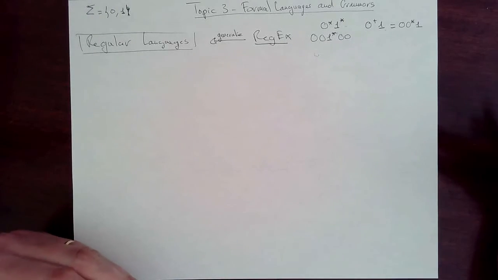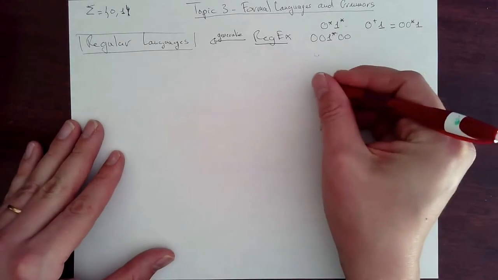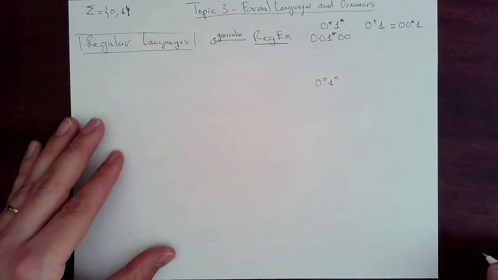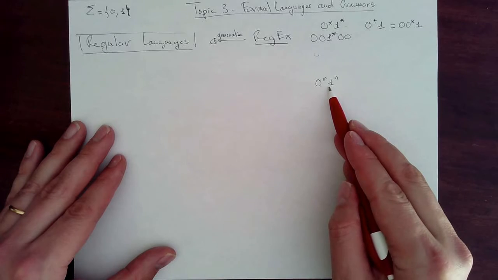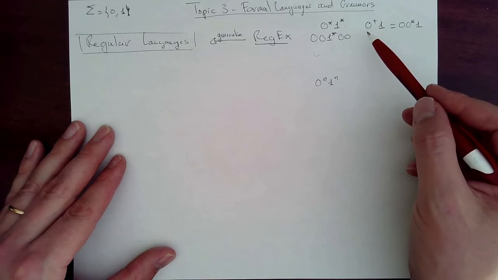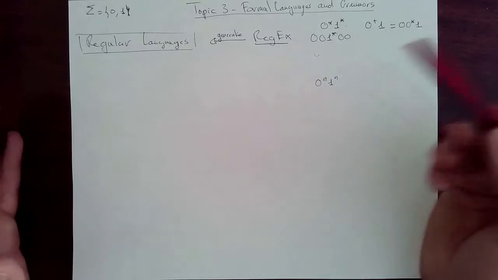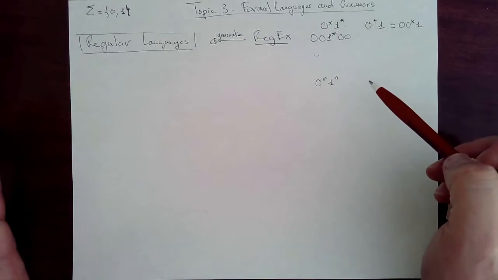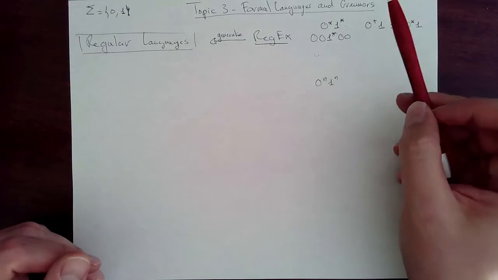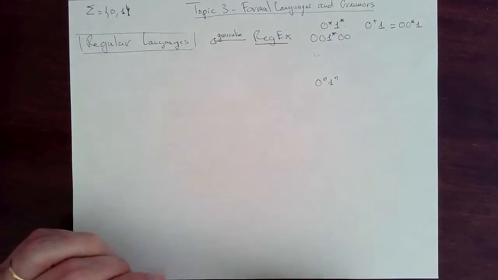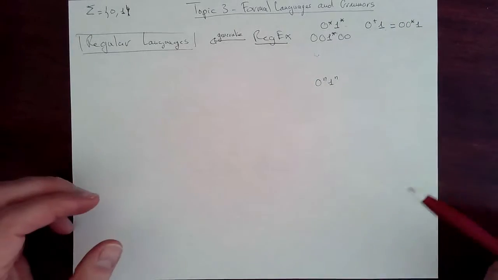If you want to express, for instance, 0^n 1^n, the fact that you have exactly as many zeros as ones in a string, there is no way to express that with a regular expression, because star always means any number. So 0^n 1^n cannot be expressed as a regular expression, and actually there is a method to prove that this is not a regular expression.